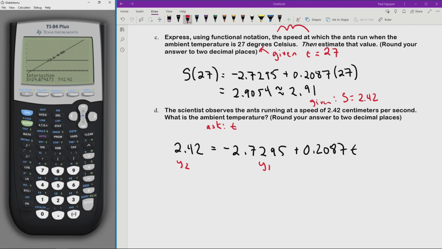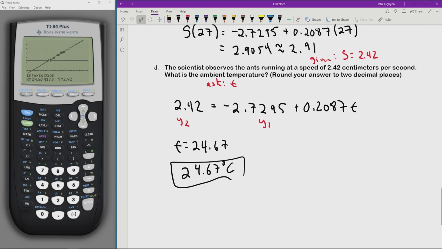We get that S is 2.42 when T is 24.67 degrees centigrade. So the temperature is 24.67 degrees centigrade when you observe a speed of 2.42 centimeters per second.